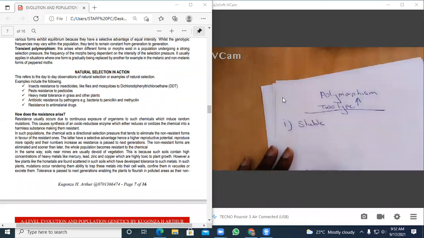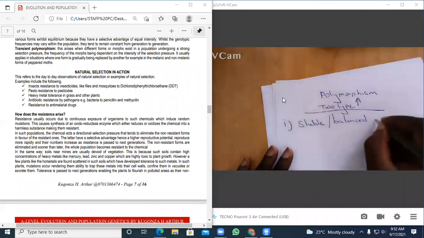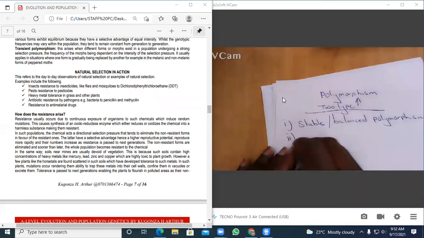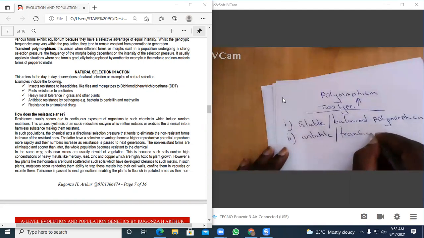If you don't call it stable, some books will call it balanced polymorphism. Then secondly, we have what we call unstable. If you don't call it unstable, we call it transient polymorphism.